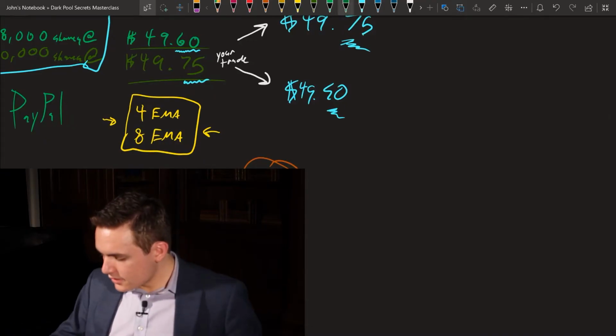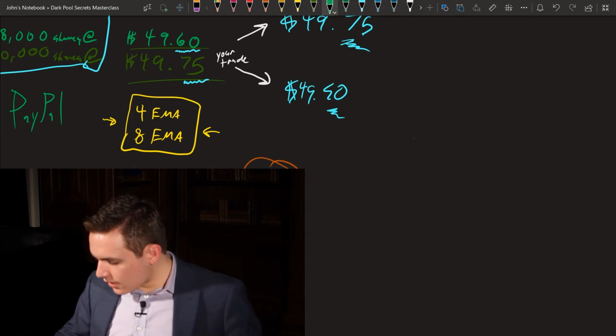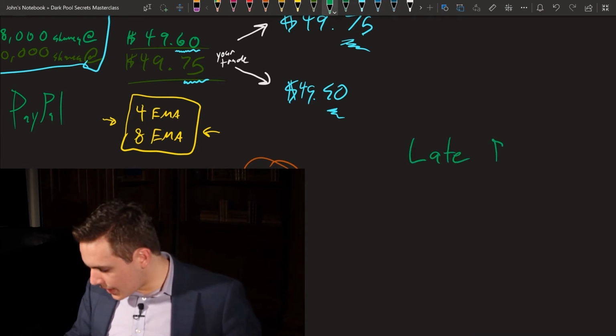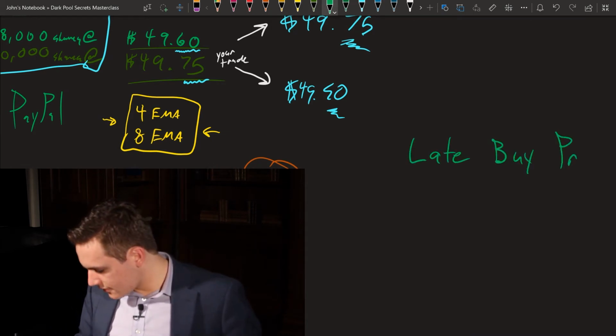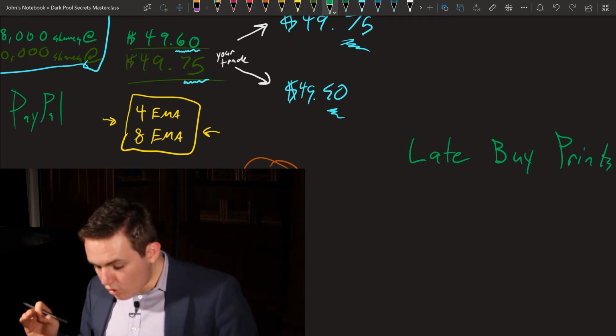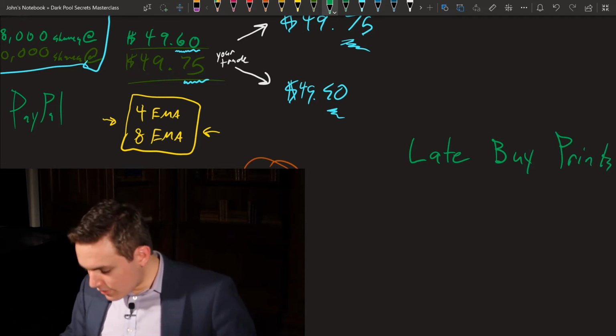And what happened next is actually really interesting. Originally, this was just a normal entry point, a normal trade. But then they saw late buy prints. What was so crazy is that people were buying the stock.